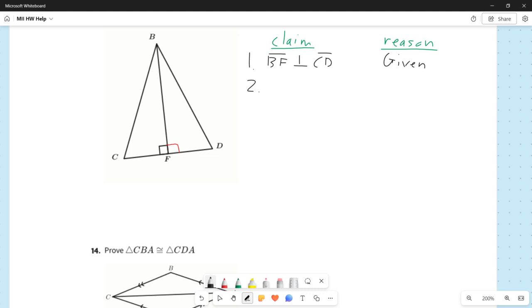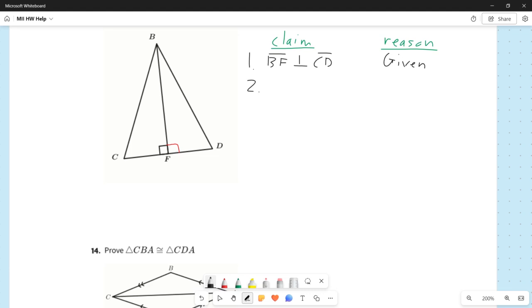I don't think that's strictly necessary for this problem. I think that given that they're perpendicular, it implies that they're right angles, that they're 90 degrees. However, your teacher may require you to explicitly state that the two angles in question are in fact right angles.